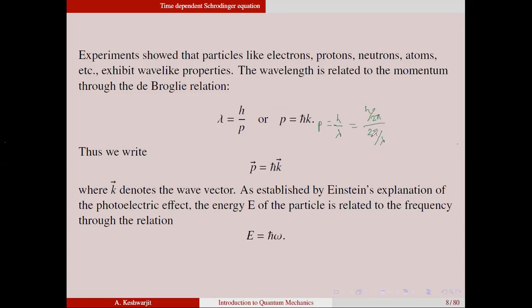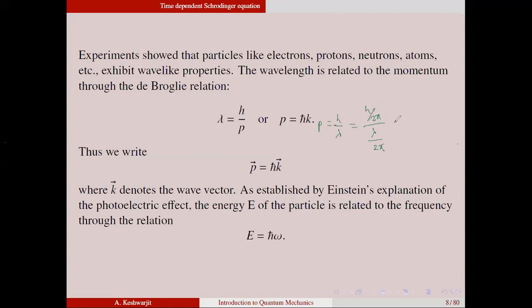This is not right. It should be h by twice pi, and then it should be lambda by twice pi. Oh, so this twice pi and this twice pi will cancel out, and we are left with h by lambda.